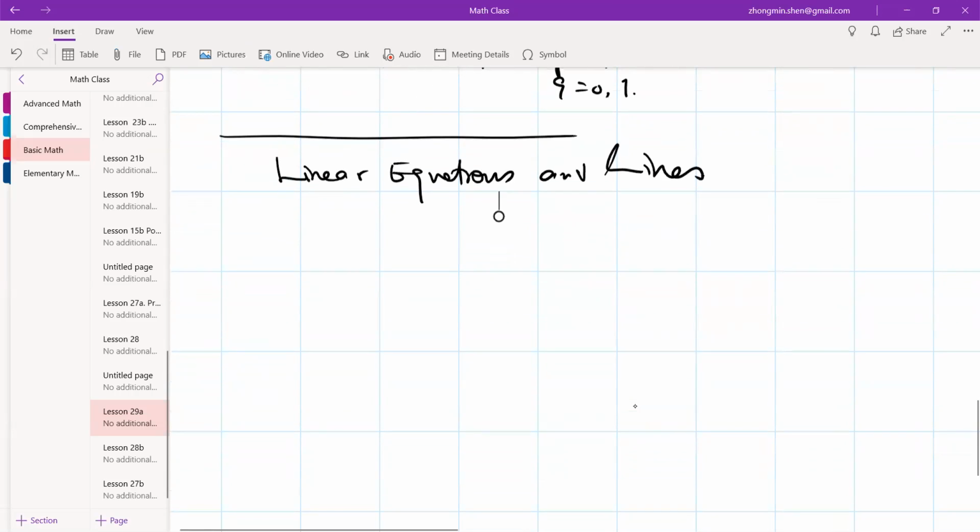So we are given a line in the plane. Okay, we have a line, and we want to describe it.